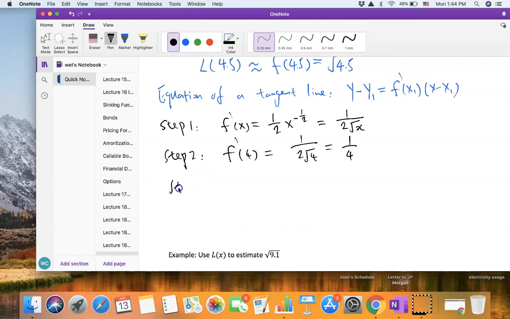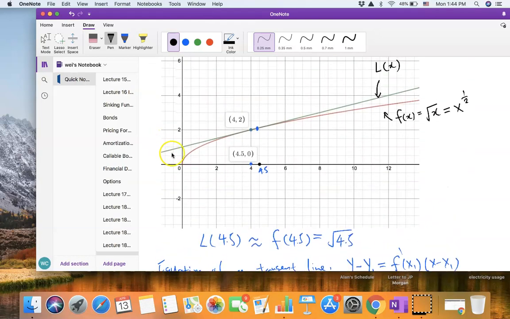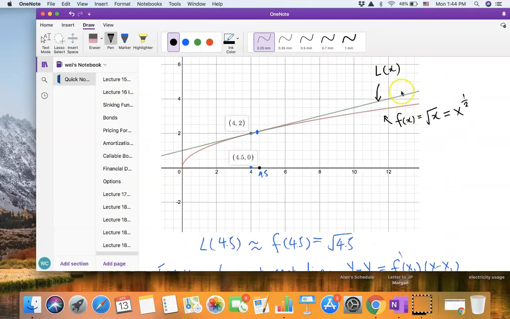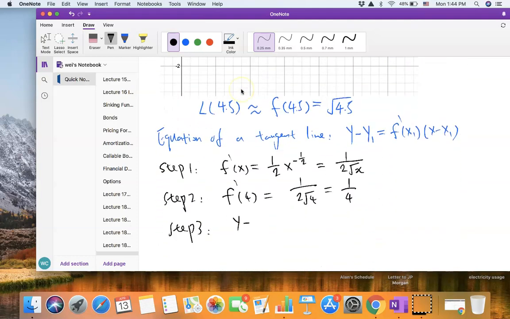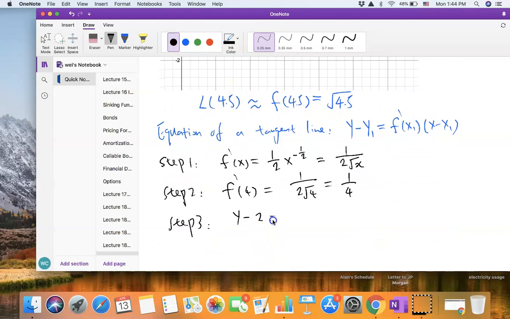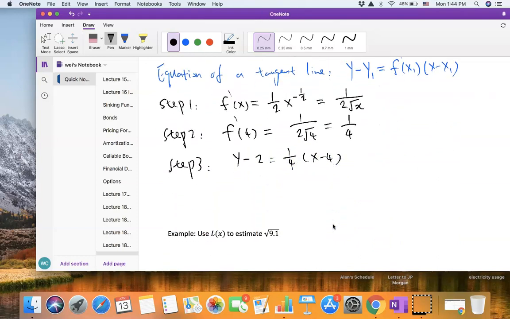Okay, now in step 3, using the point-slope form, we can find the equation of L(x) of this straight line, which is y minus 2 equals 1 over 4 times (x minus 4).